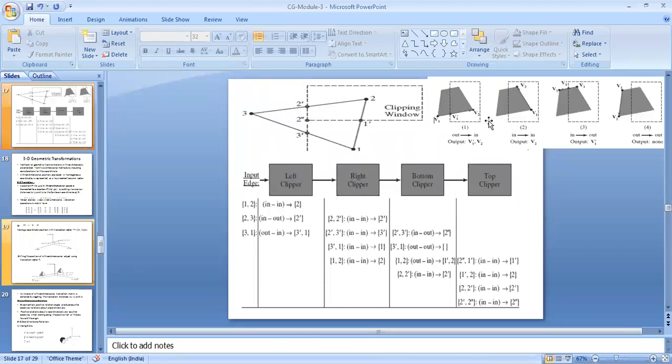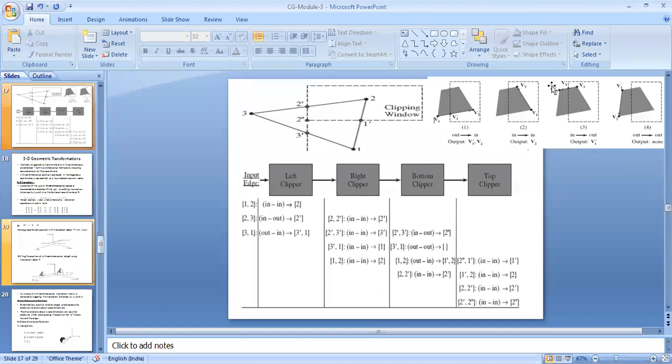These are the four scenarios that I need to keep in mind before I go for the next process. If my object is moving from out to in, consider the intersection point and the second vertices. If it is in to in, then consider only the second vertices. If it is in to out, then consider only the intersection point. If both are out, then don't consider anything.